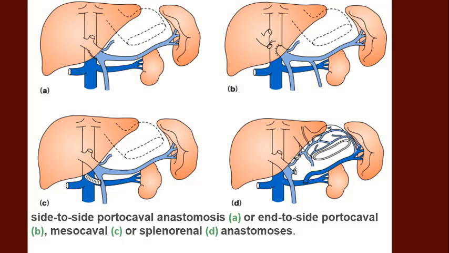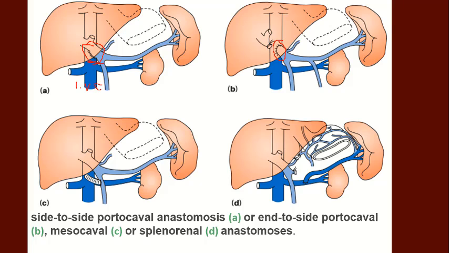The total portal systemic shunts. These shunts are larger than 10 mm in diameter between the portal vein or one of its main tributaries and the inferior vena cava. We have a side-to-side portocaval shunt when the portal vein and infrahepatic inferior vena cava are mobilized after dissection and anastomosis is done.